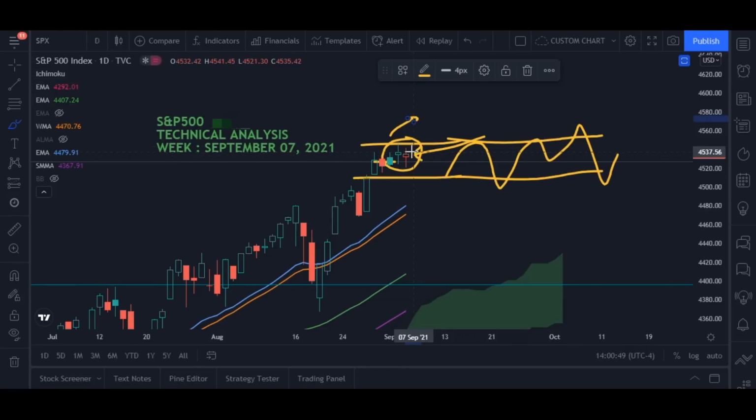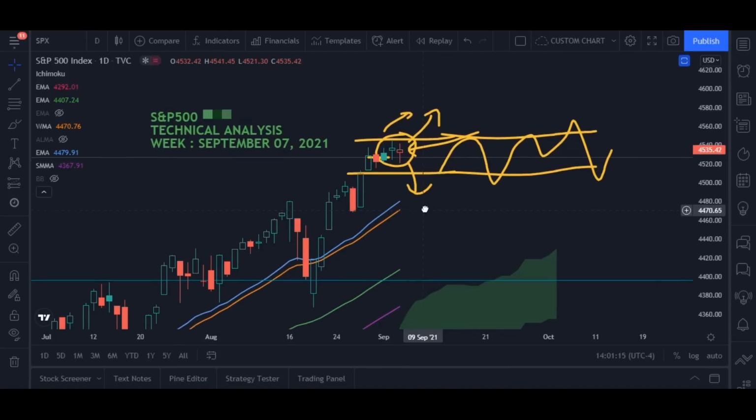So wait for the market to give you a clear trend. Either the market must close above this zone, or must come below and close below the lower band.